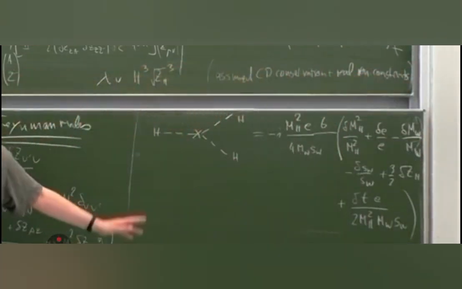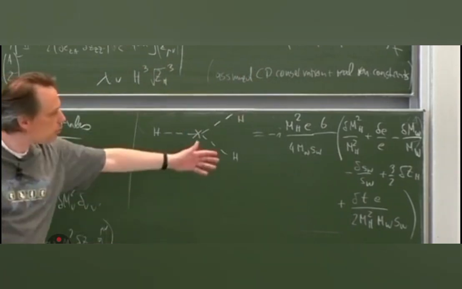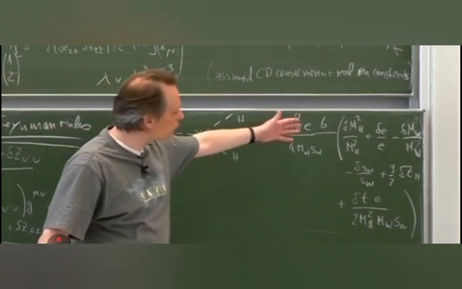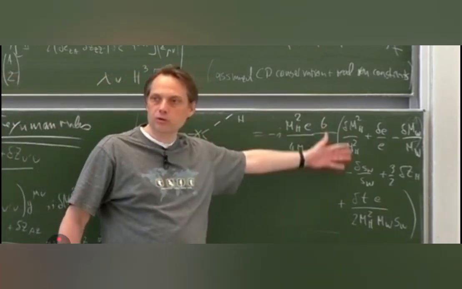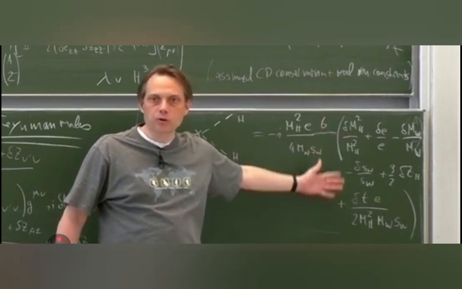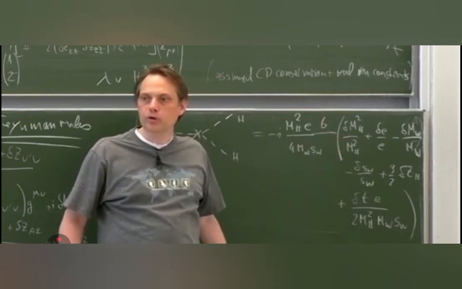So it's quite a lengthy form for this counter term rule, but that's what it is. You could now introduce abbreviations like delta lambda, delta V, as I have said before, but here I chose to write it absolutely explicitly in terms of our fundamental parameters and renormalization constants.